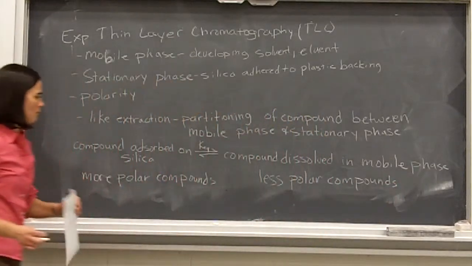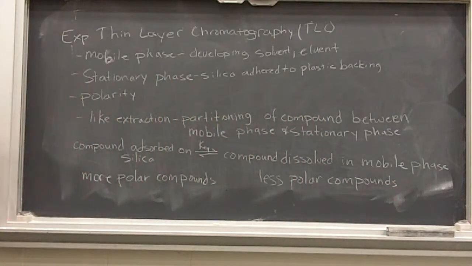And so what occurs is because the more polar compounds are spending more time with silica, less time dissolved in the eluent, they won't travel up the silica plates as much, whereas the less polar compounds will travel more because they're hanging out more in the mobile phase and less on the silica, okay?